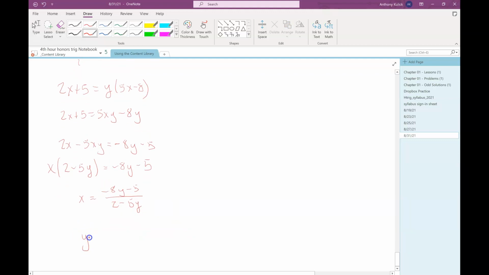And the last step would be to swap my x's and y's. And if it's me, I probably do a little bit of cleanup here. If I multiply the top and bottom by -1, I get a slightly simpler answer because I get rid of a bunch of negative signs.